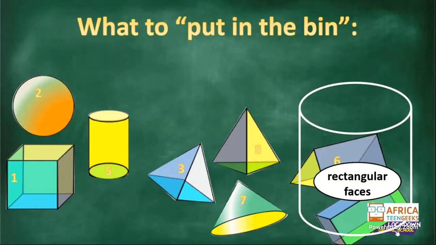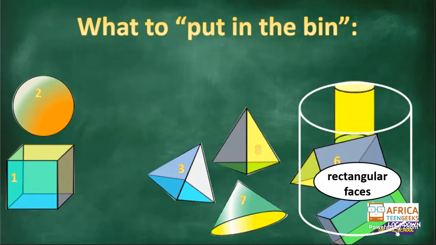There we go. 4, 5, and 6. Who's the first to say 4, 5, and 6? Here we have Buhle and Praise. You guys were the first 2. So both of you will get 3 points. All right. Let's go to the next slide.